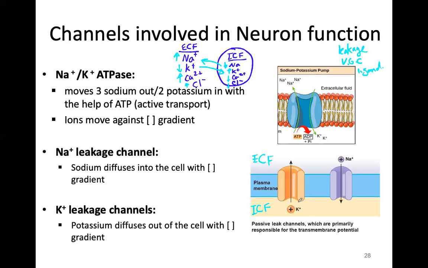And you notice that potassium is leaking out from high concentration to low concentration, and sodium is moving from high concentration to low concentration. Again, moving with the concentration gradient does not require any form of energy input from the cell, and therefore is identified as a passive process.